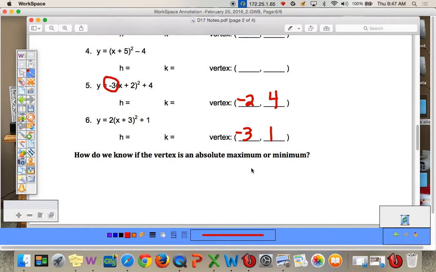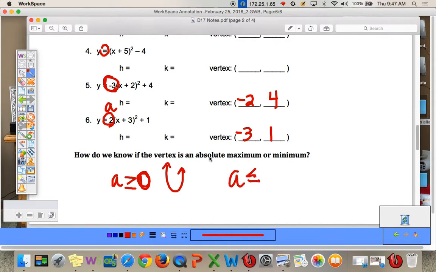How do we know if the vertex is the absolute minimum or maximum? Well, you think about the shape of the graph. Look at this number in front right here. We call that our A, I call it the A value. If A is greater than or equal to 0, it's positive, then it's a U shape up.